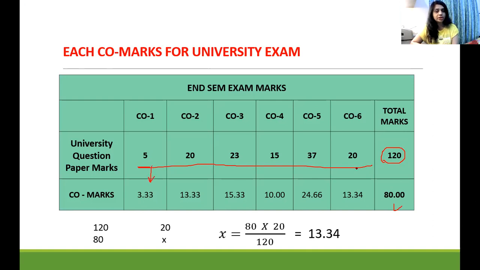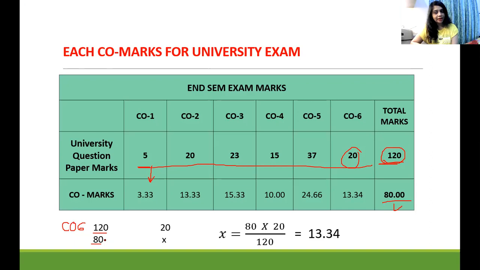Now, how to do this? Let's see, this CO6 is asked for 20 marks out of 120. So convert it to out of 80, it is X. So how to calculate X?